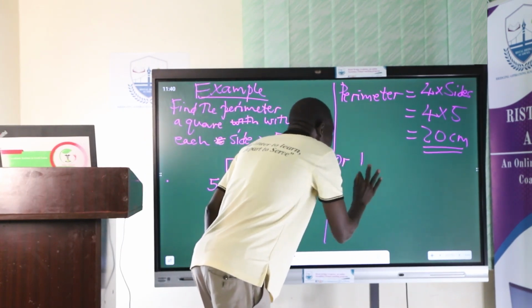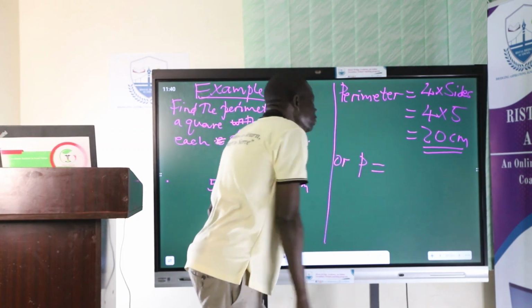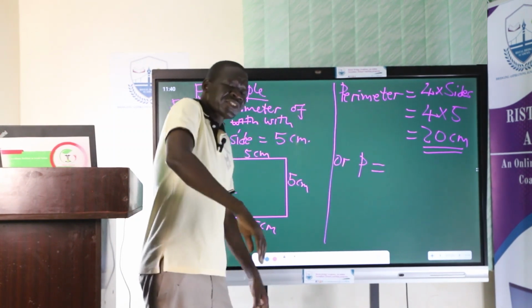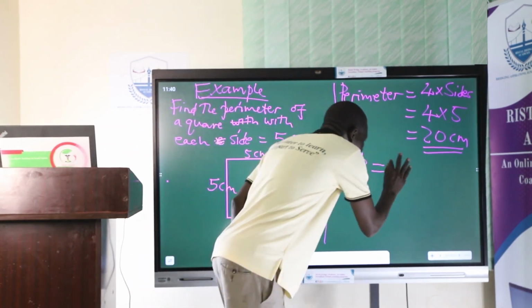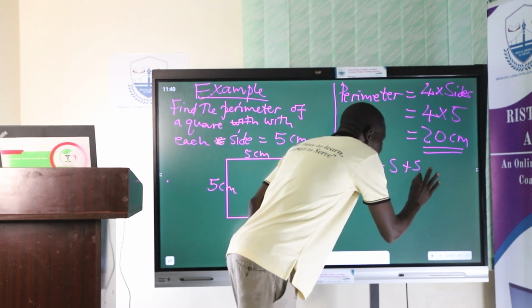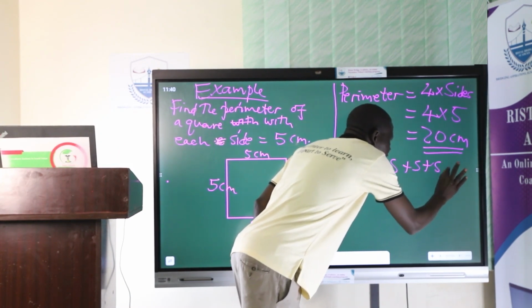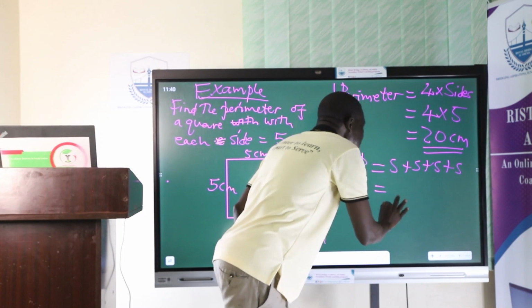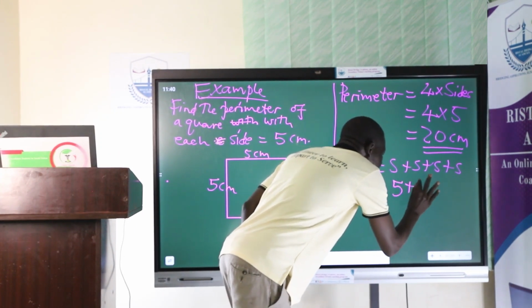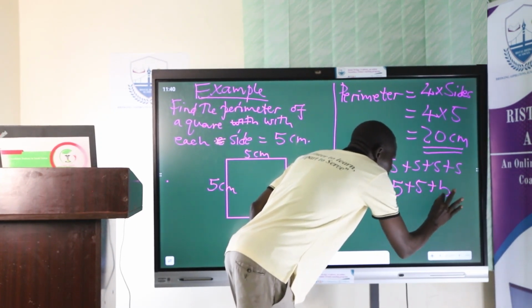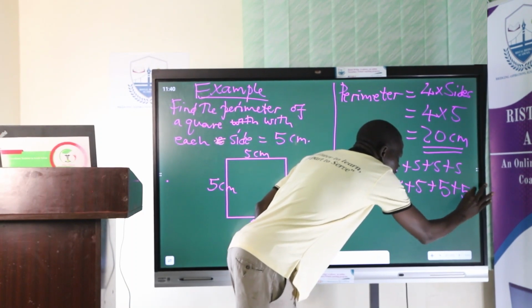Or the perimeter will be equal to side plus side plus side plus another side, that is s plus s plus s plus s, giving us 5 plus 5 plus 5 plus 5.